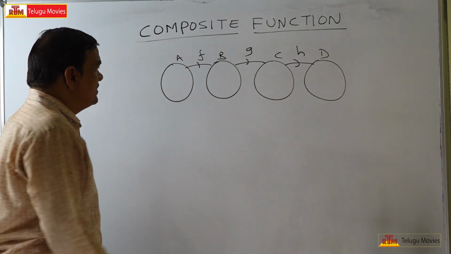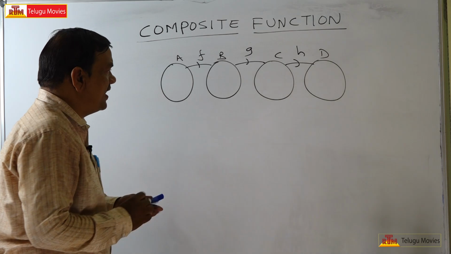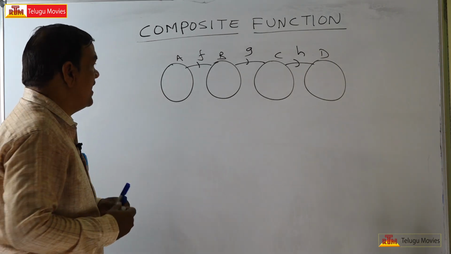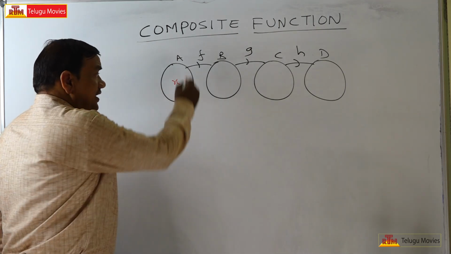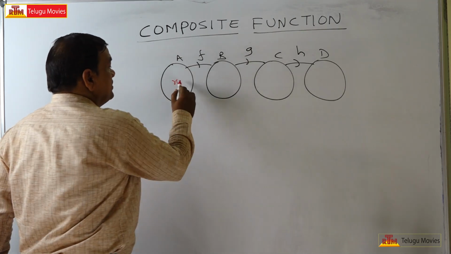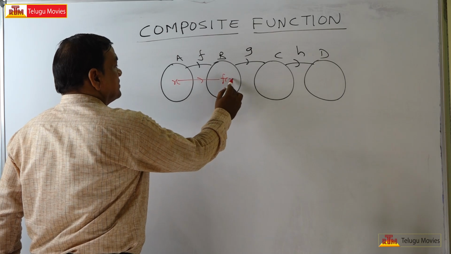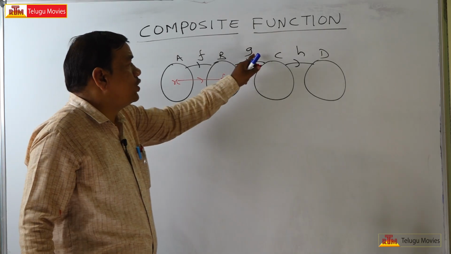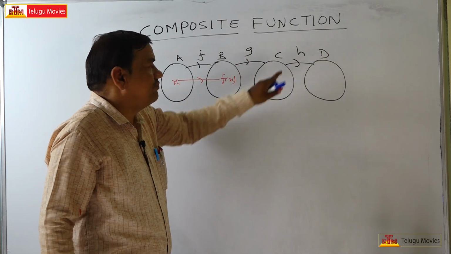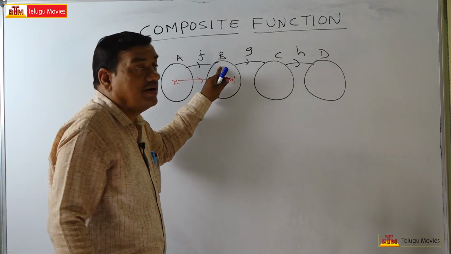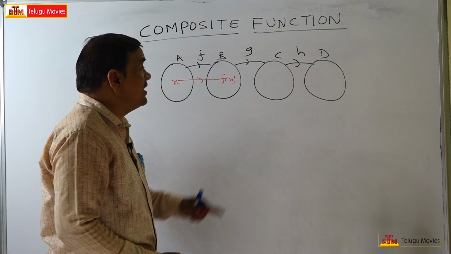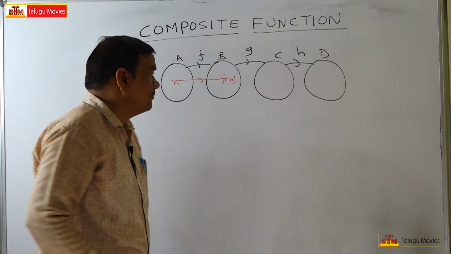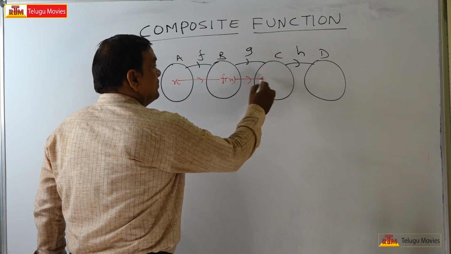Let us say there is an element X belonging to A. Under the function F, its image is F of X. Already I told that G is a function from B to C. That means for every element of B, there exists a unique element which belongs to C. What is the name of that element?